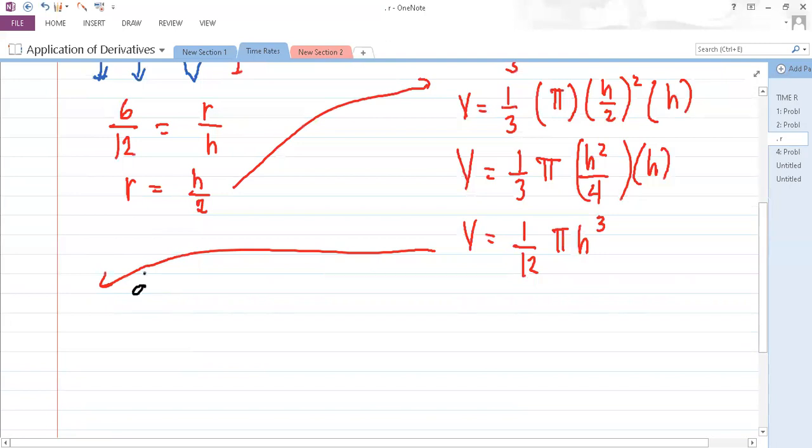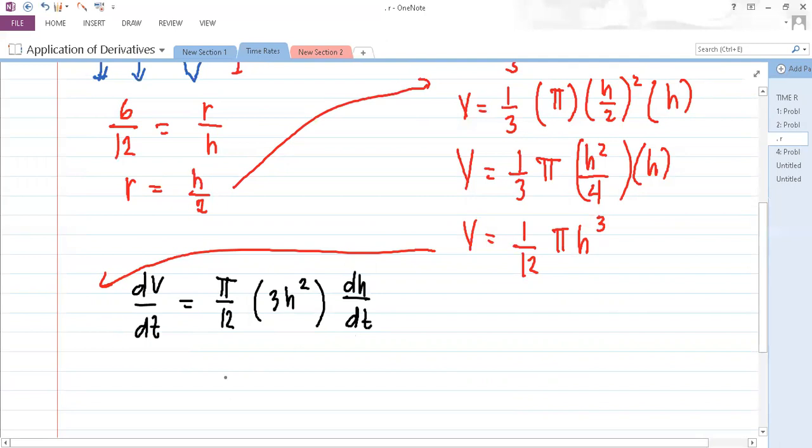So dV with respect to time is equal to pi over 12, the numerical coefficient. When you differentiate, 3 minus 1, that is 3h squared, multiplied by dh with respect to time. This is our required.